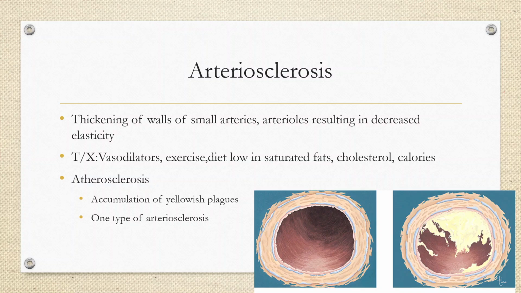Usually we see these in individuals over the age of 40, and as we increase in age, the chance of somebody having arteriosclerosis also increases. Treatment is vasodilators, but then also making better lifestyle choices can be really helpful, just like with atherosclerosis. And atherosclerosis is just one type of arteriosclerosis.